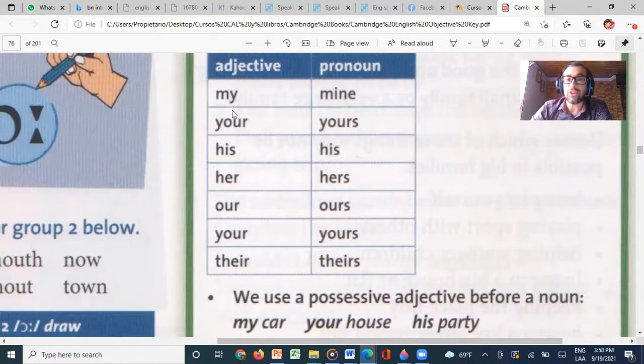After this one, you need to use a noun: my car, your car, his car, her car, our car, your car, or their car. If I don't want to use my car again, I can say mine. Or if I don't want to use your car again, I can say yours. The same thing with his, hers, ours, yours, and theirs.